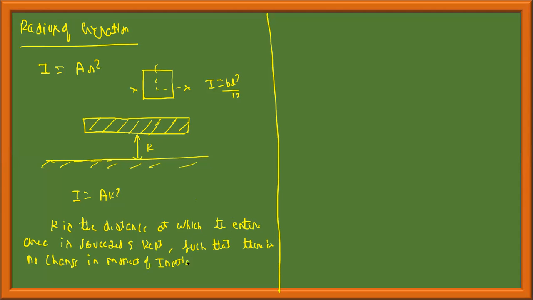If I squeeze the entire area and keep it at a certain distance so that I get the same moment of inertia as that of the cross section, that distance is called your radius of gyration. It is given by I is equal to area A into distance k square, or k is equal to root of I by A. Okay.